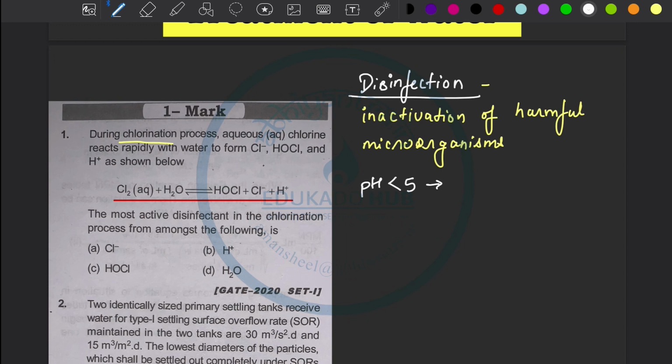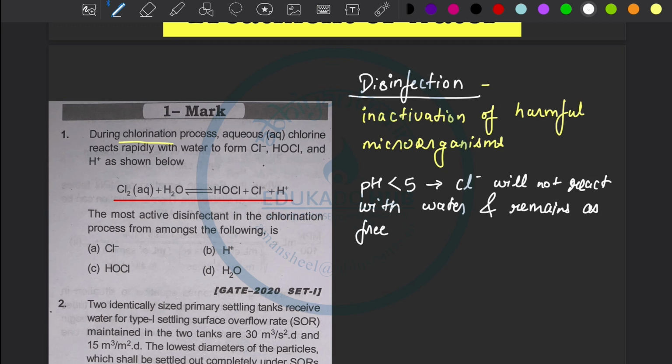At pH less than 5 of water, chlorine will not react with water and it remains as free chlorine, or we can say unreacted chlorine.